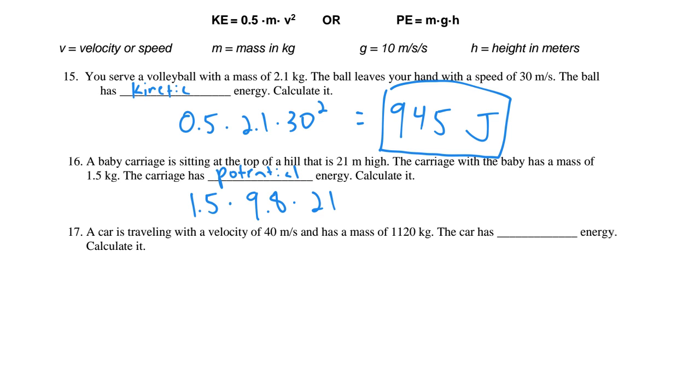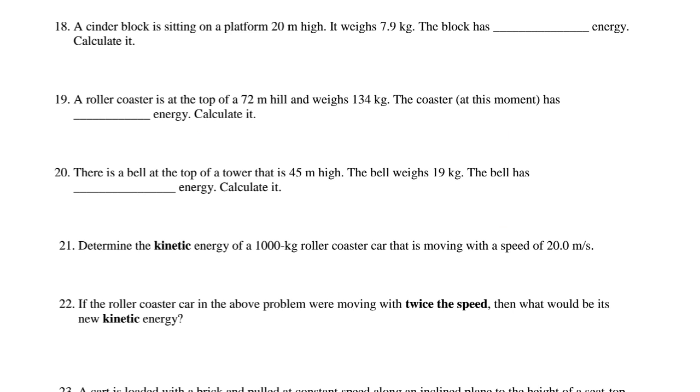So we'll plug that in, and we get 308.7 joules of potential energy. I guess with the correct sig figs, it'd be 310 joules. All right, and the next one is kinetic, and I think I will skip that one.